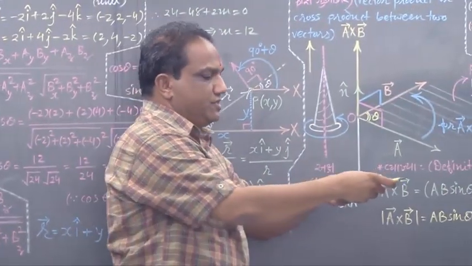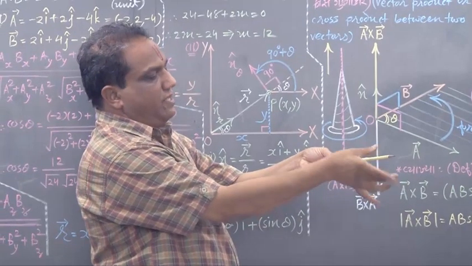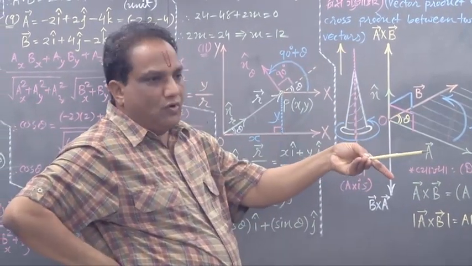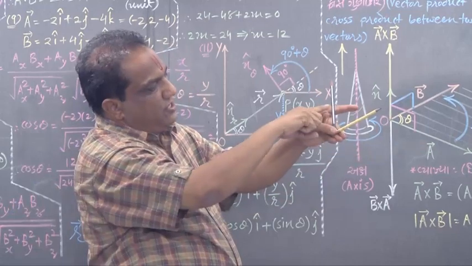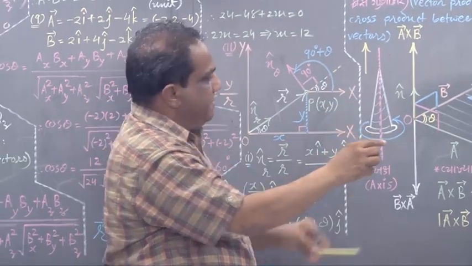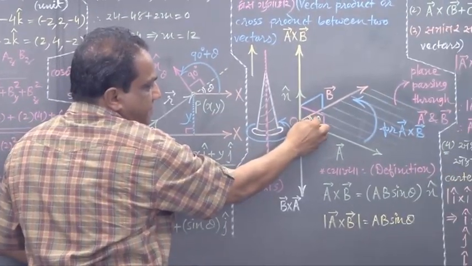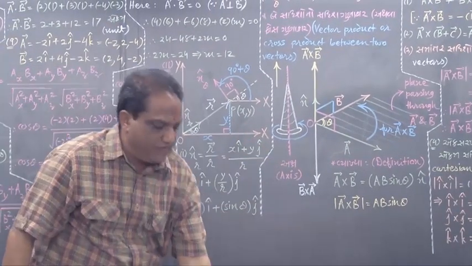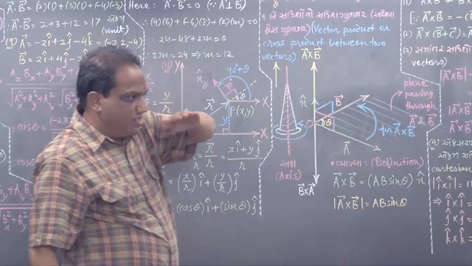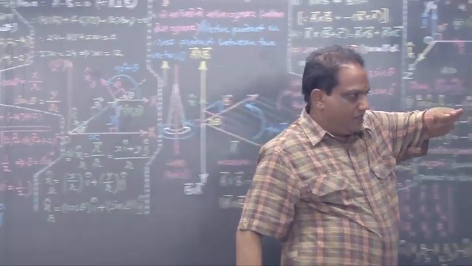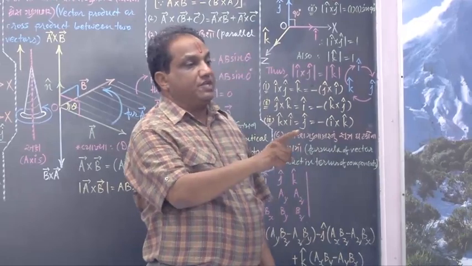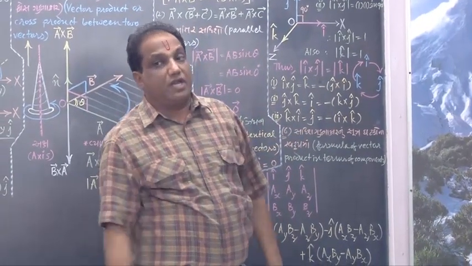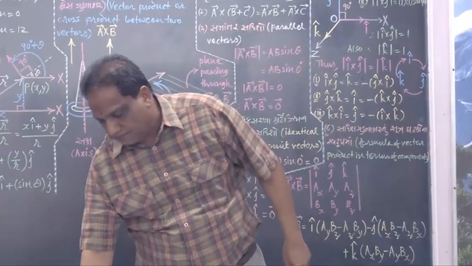Right, the situation is this. This is vector A, this is vector B. Now what is the angle between them? Now think of a plane passing through these two vectors, which is a horizontal plane. Now consider one right-handed screw.